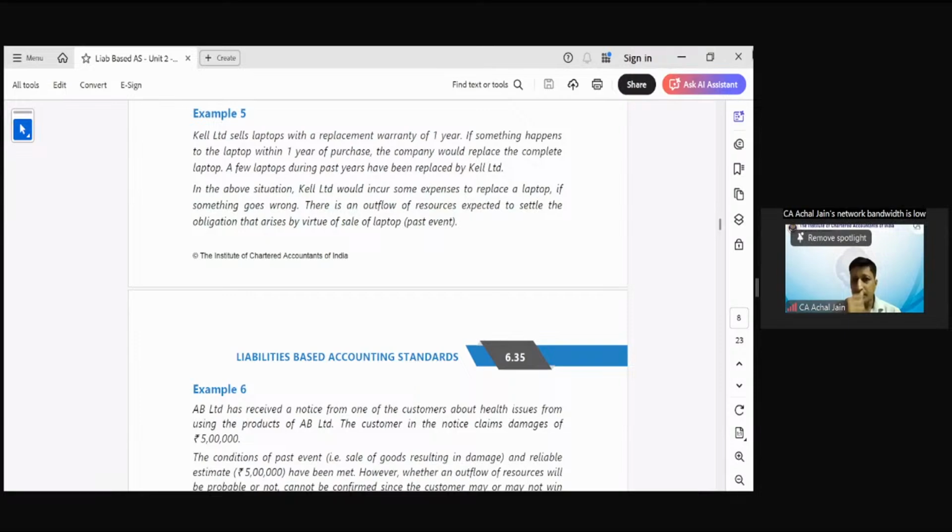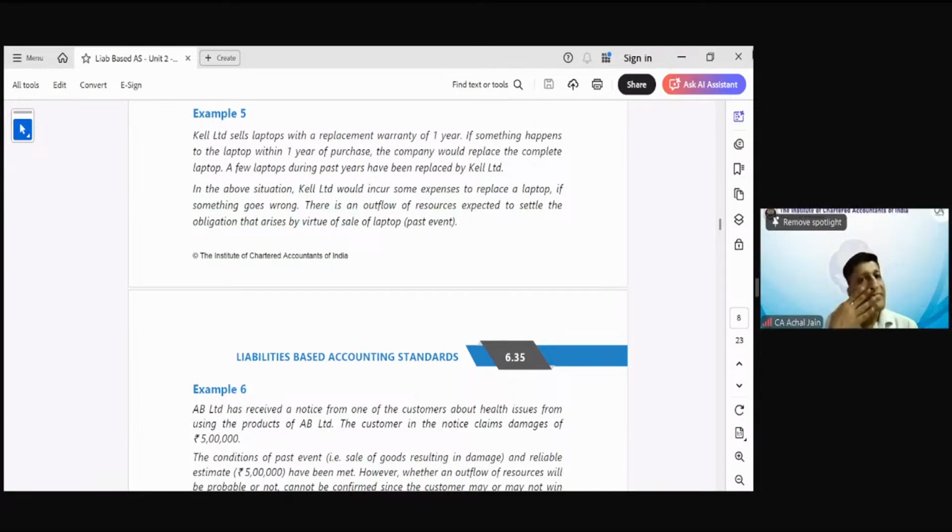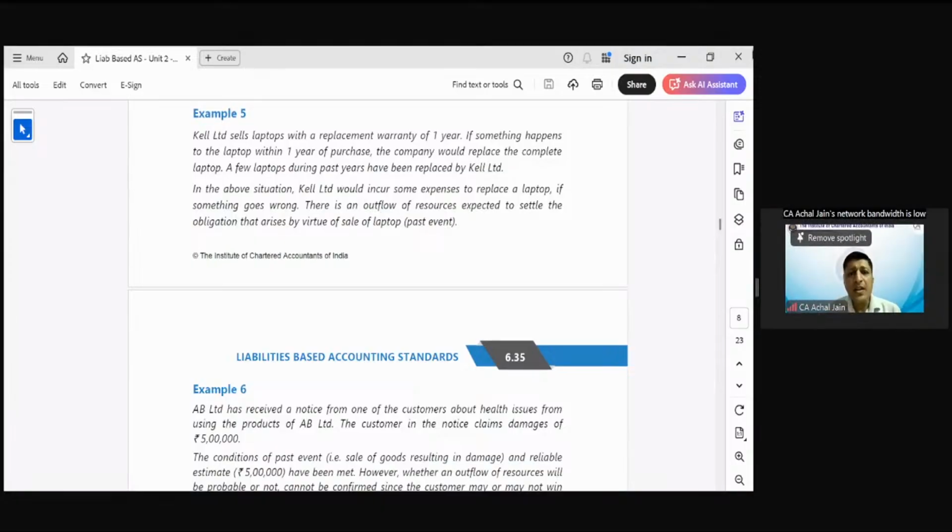Ron is asking, sir, the past event point couldn't be understood. Your voice was not clear. Okay. Now, see, the past event in the given example was... I see some problem coming up. Let me just try. Just give me a minute. I'm just hoping it's all clear now.